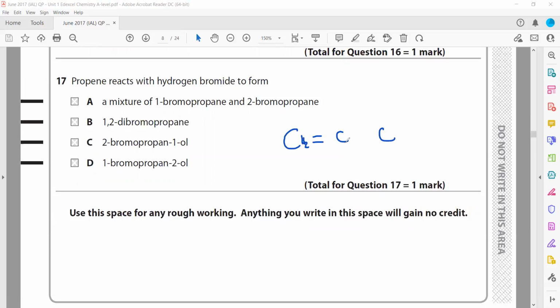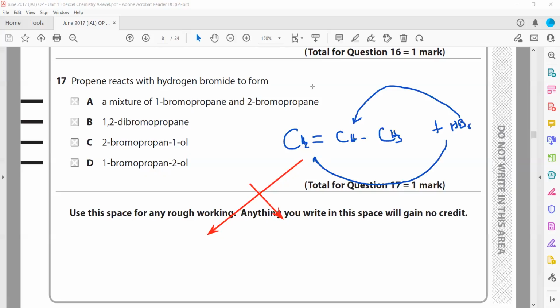This will be CH2, this will be CH and this will be CH3, reacted with HBr, hydrogen bromide. What are the possibilities? Maybe hydrogen is added to the first carbon and bromine to the second, or the opposite can happen. For the major product, hydrogen is added to the side where there are more hydrogens.